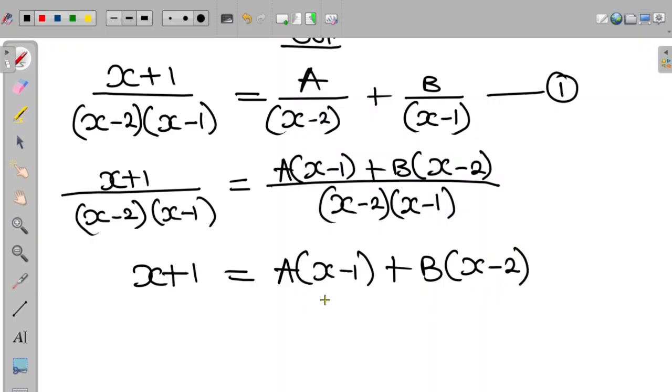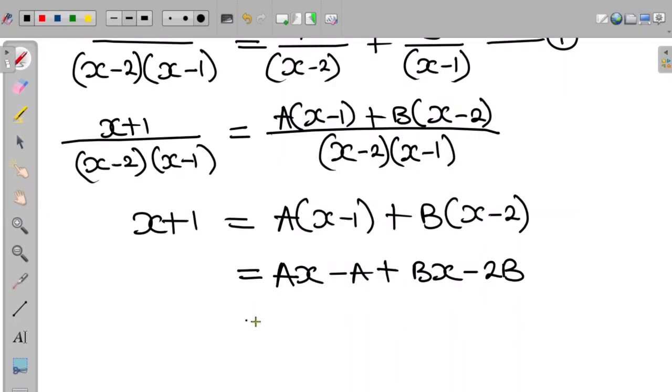So at this point, we can open up the bracket at the right hand side. We have A multiplied by x is Ax, A multiplied by negative 1 is negative A, plus B multiplied by x is Bx, B multiplied by negative 2 is negative 2B.